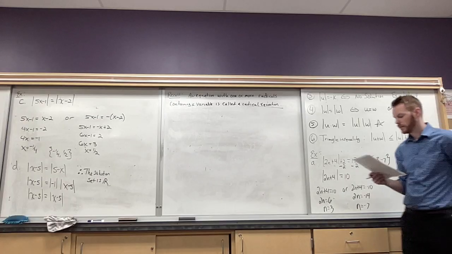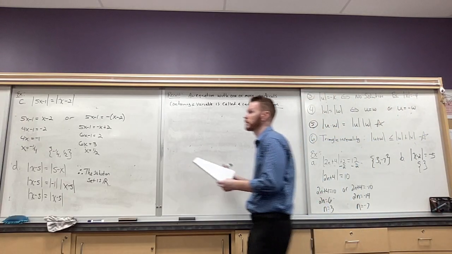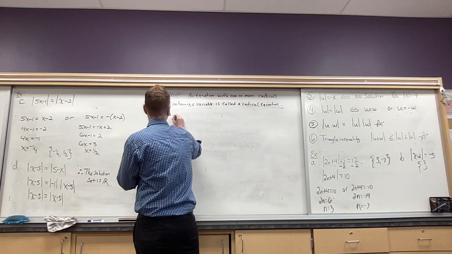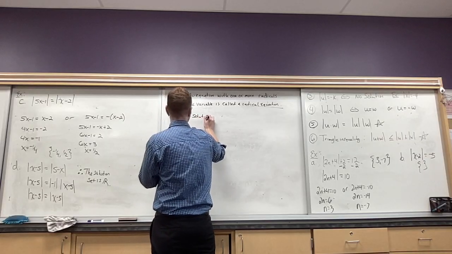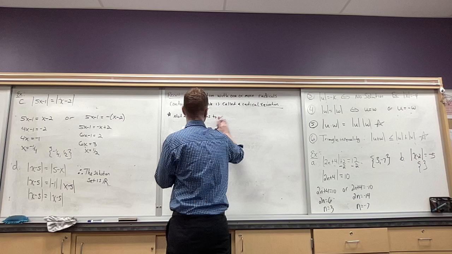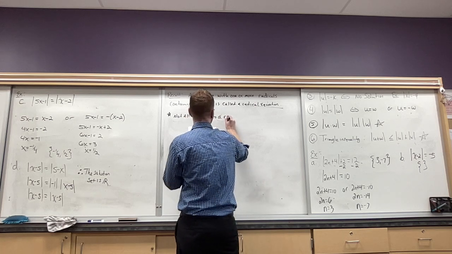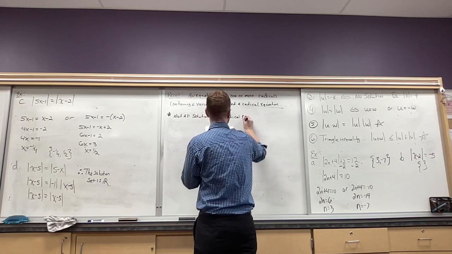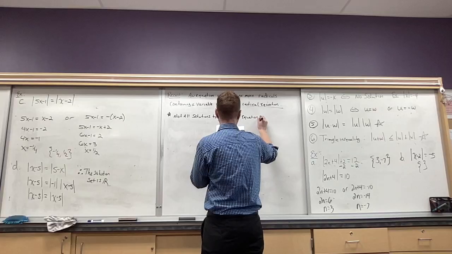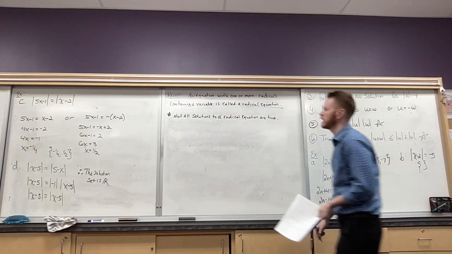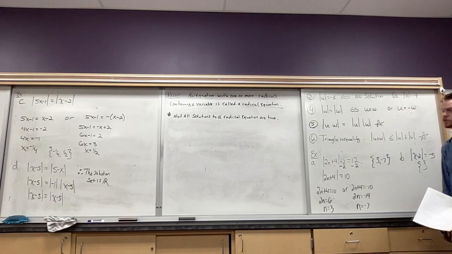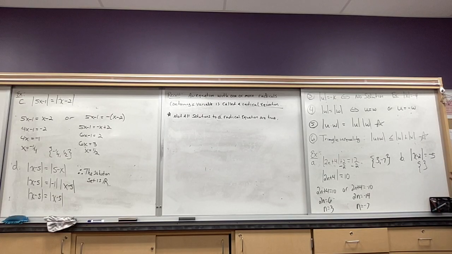Okay? Now, here's something that's important, something to highlight here. Not all solutions to a radical equation are true. Okay? That's important. We could come up with answers, even though we did everything correctly. That's the key part. You did nothing wrong.